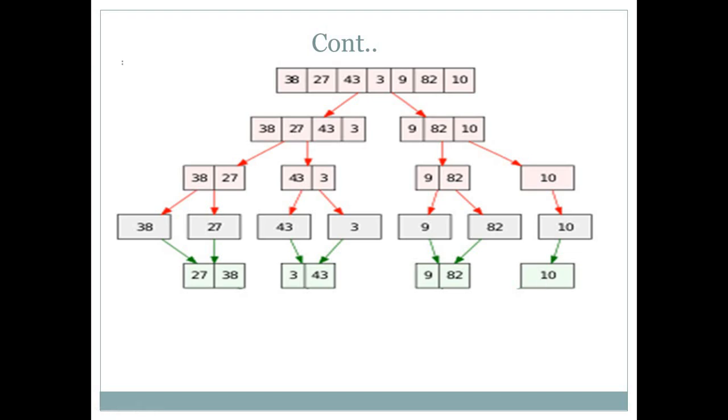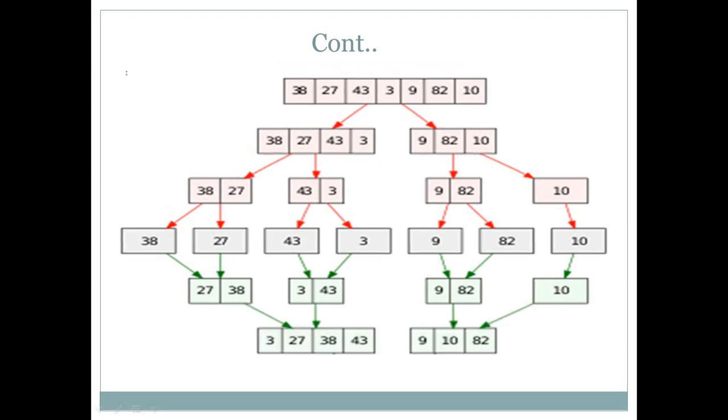In the next step we will merge these two lists. After merging these two lists we will have the numbers 3, 27, 38 and 43, and 9, 10 and 82. These two lists are already sorted, and we will have our third list also in sorted order.